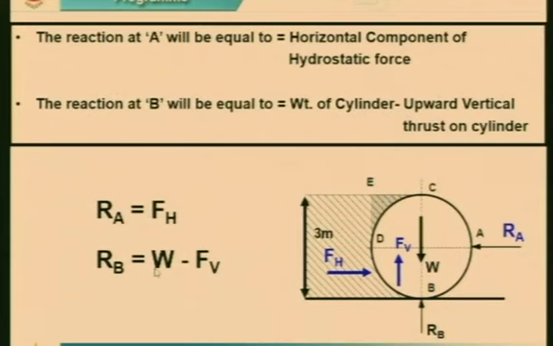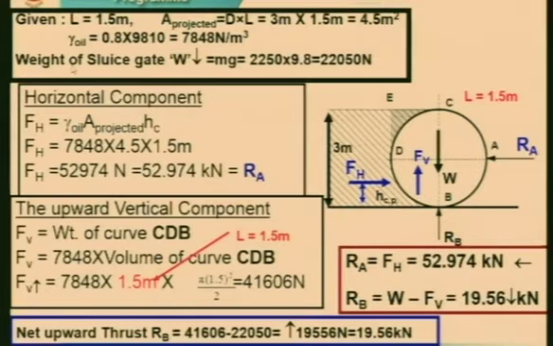The weight is nothing but the mass into g. So the weight of the cylinder, W, acting downwards, is m into g. Mass is 2250 and acceleration due to gravity is 9.8. So please calculate the weight.